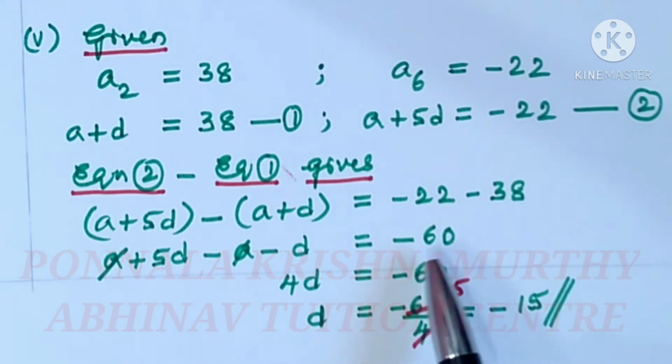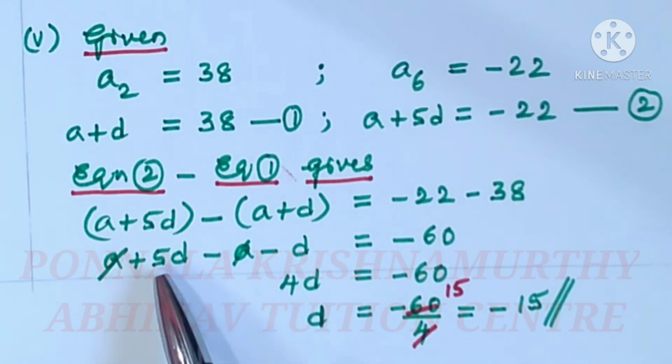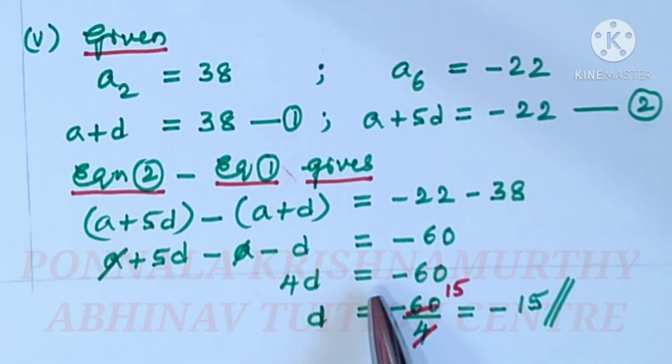This becomes minus 60. A minus A are cancelled. 5D minus D is 4D is equal to minus 60. D is equal to minus 60 by 4. Here we have into, so it becomes divided by 4. 4 15s are 60. So D equal to minus 15.